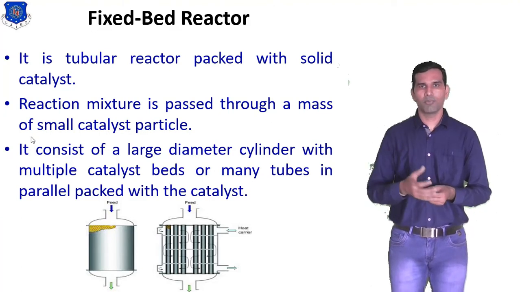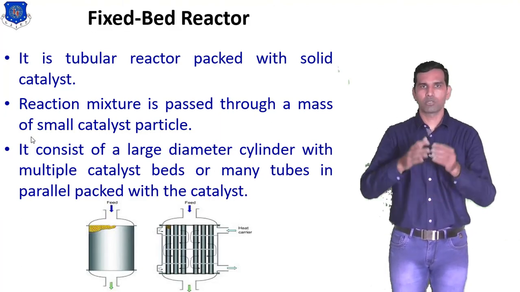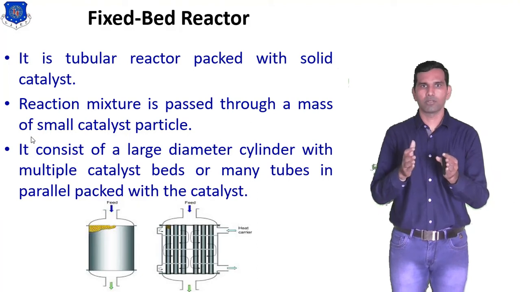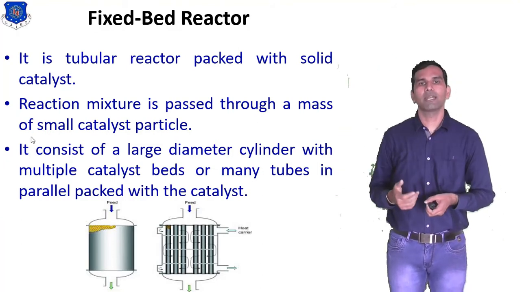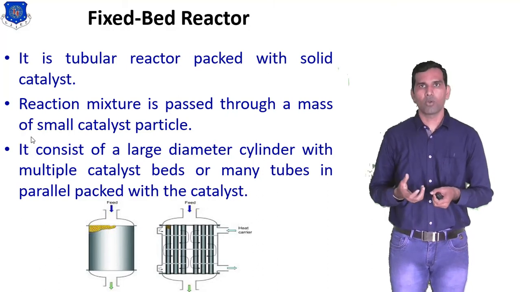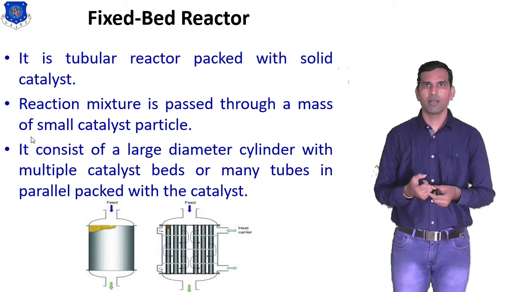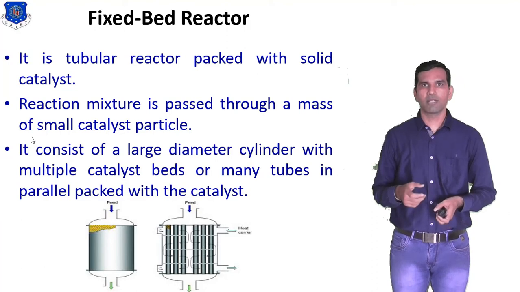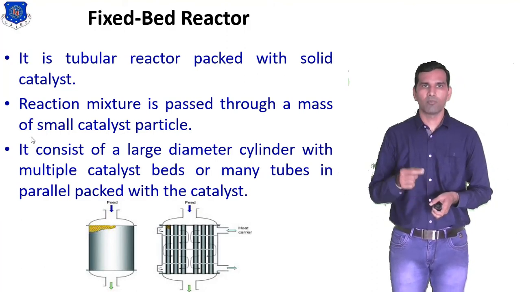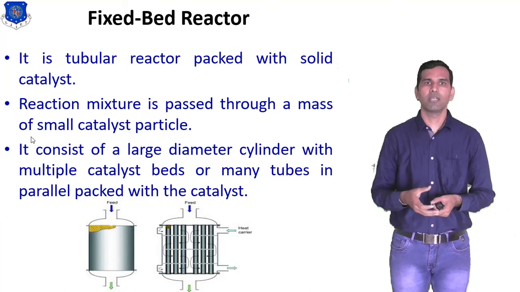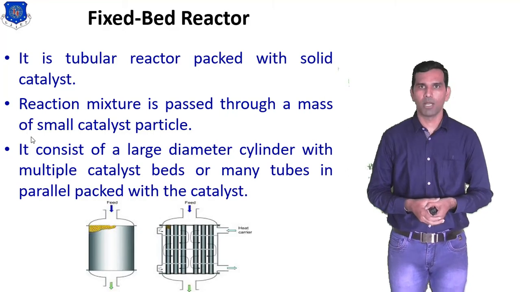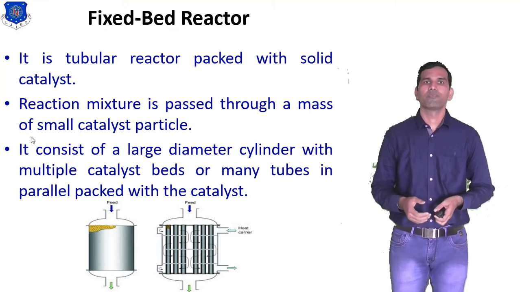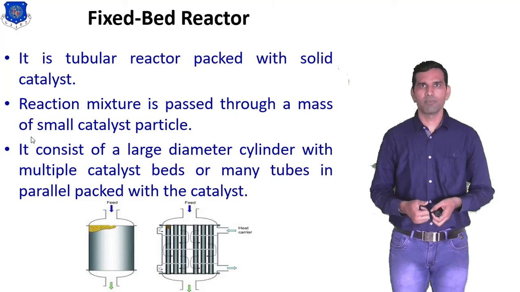So you can see in the figure there is one closed vessel, and on one side we feed the reactant and we get the product from the other side. In some fixed bed reactors there are also pipes available, like you can see in the second figure, where more than one pipe is available. So this is the construction of the fixed bed reactor.